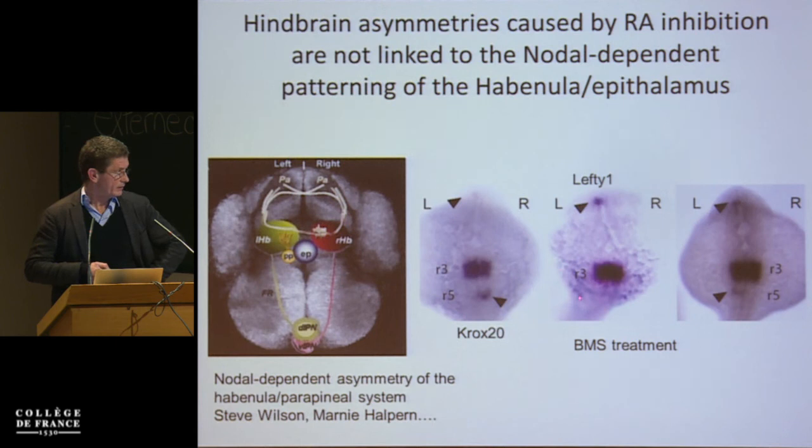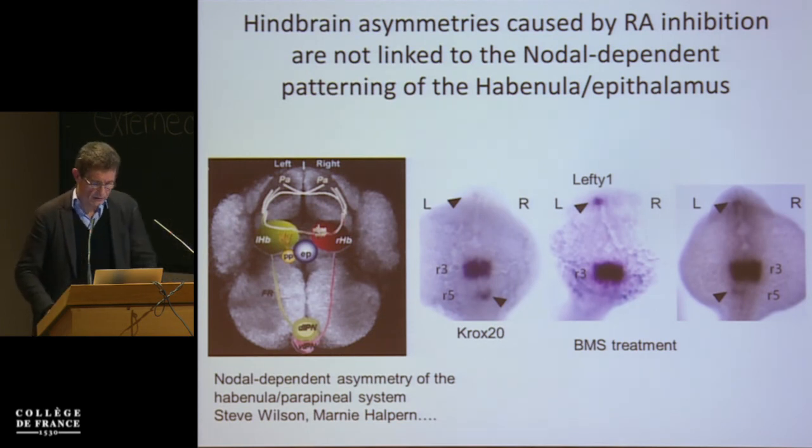Mike looked at the expression of lefty in embryos that were treated with this inhibitor of retinoic acid signaling. As you see here we have only a right R5, here we have only a left R5, but in all cases, lefty was found to be on the left side, suggesting that these asymmetries generated by retinoic acid inhibition in the hindbrain are independent from the system that patterns the diencephalon.